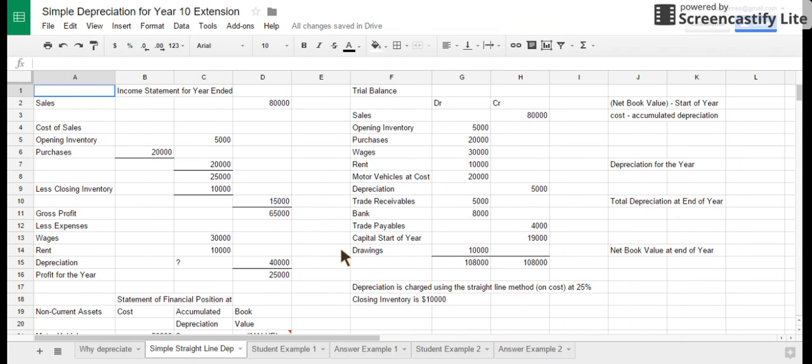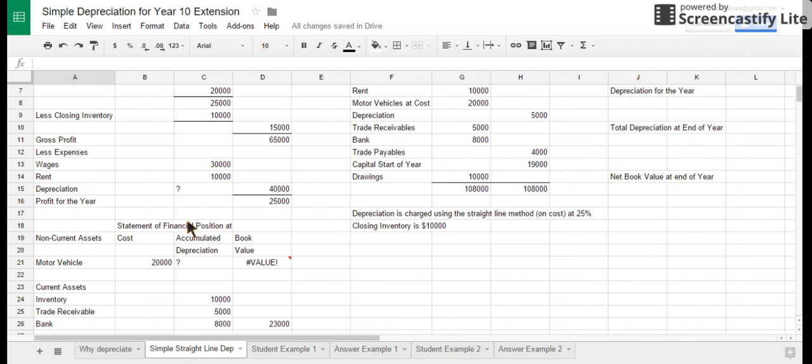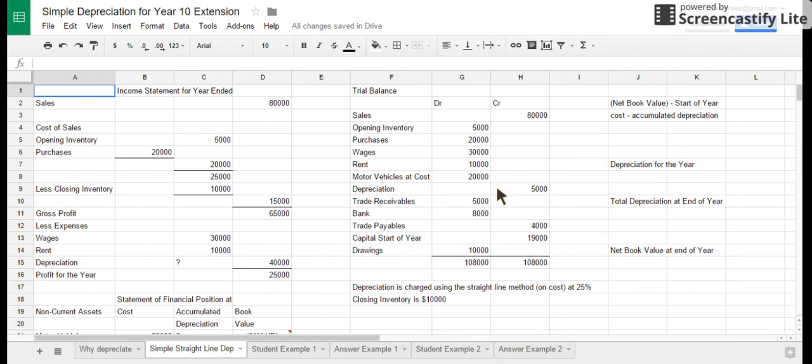Here we've got a very simple income statement and statement of financial position with a trial balance. It's got a motor vehicle at cost, and the cost we're saying was £20,000 or dollars, and it's already got £5,000 of depreciation in. First of all, we're going to have a quick look at something called the book value or the net book value.